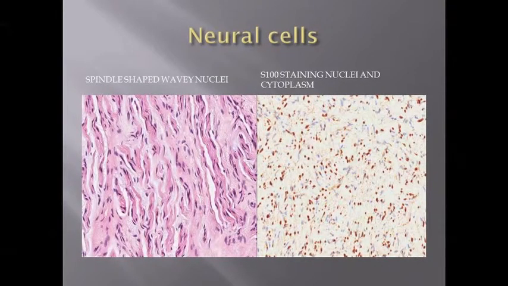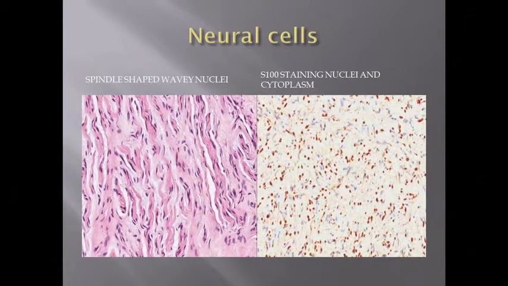the membrane. Now, for neural cells, that is the other cell type with tapered, elongated nuclei, they stain strongly with S100, as we all know very well.